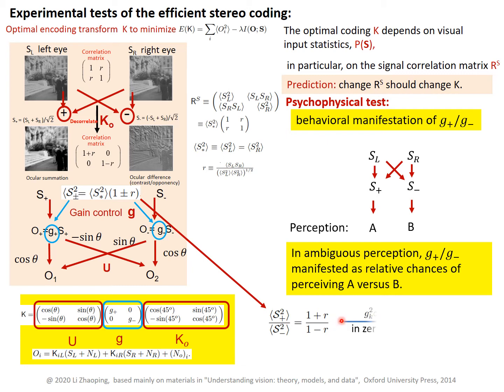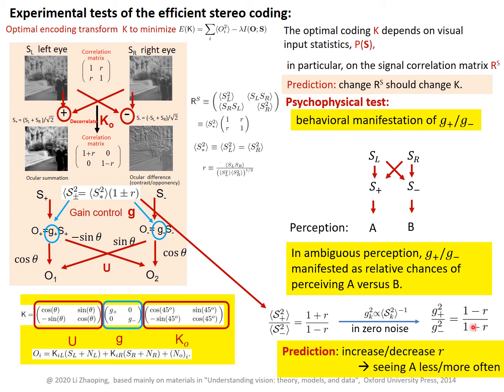So if we consider the zero noise condition, we have whitening so that the gains are inversely related to signal power. Then we have this dependence of the relative gains on the correlation coefficient R. So therefore we have this prediction. If we change R, let's say we increase it, then observers will see A less often, but if we decrease it, then they will see this perception A, corresponding to the inputs of the summation channel, more often.